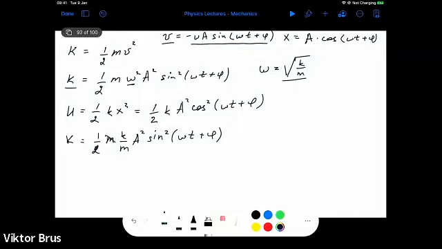Okay, so m and m we cancel out, and it will be 1 over 2 k a square sine square omega t plus phi.